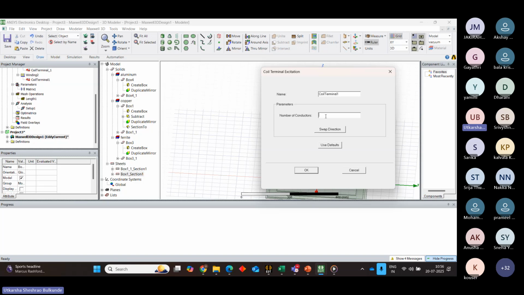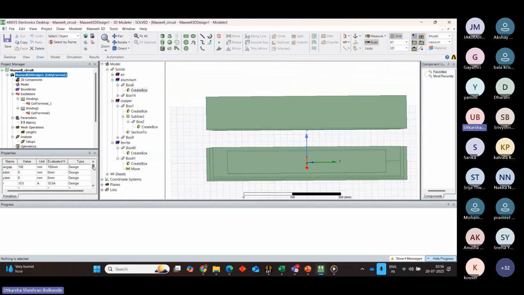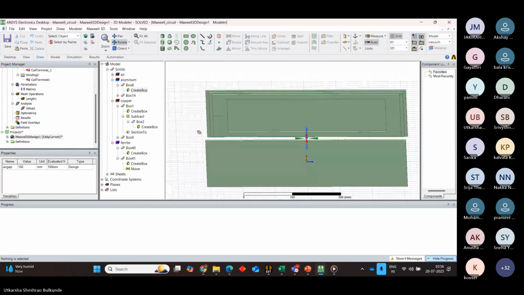The number of conductors is the number of turns you want in your coil. For now, I want 15 turns in my primary coil. It was 15 only, right? And similarly for the receiver also, I want 15 turns.